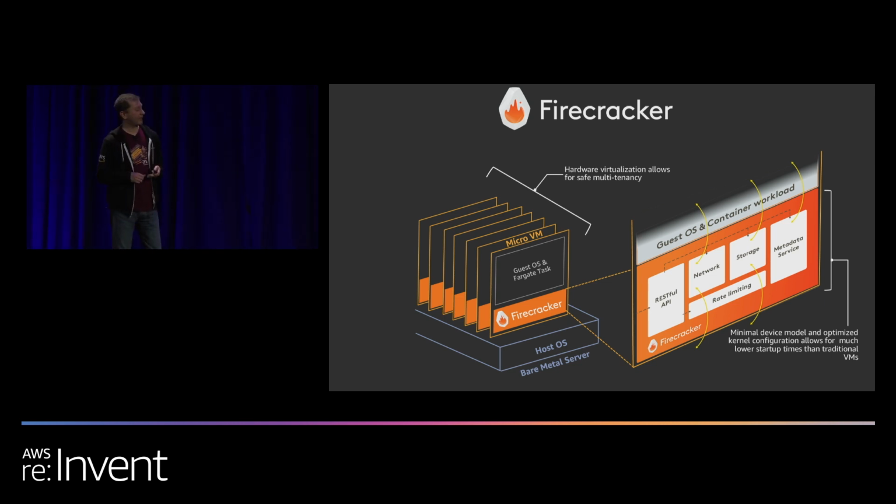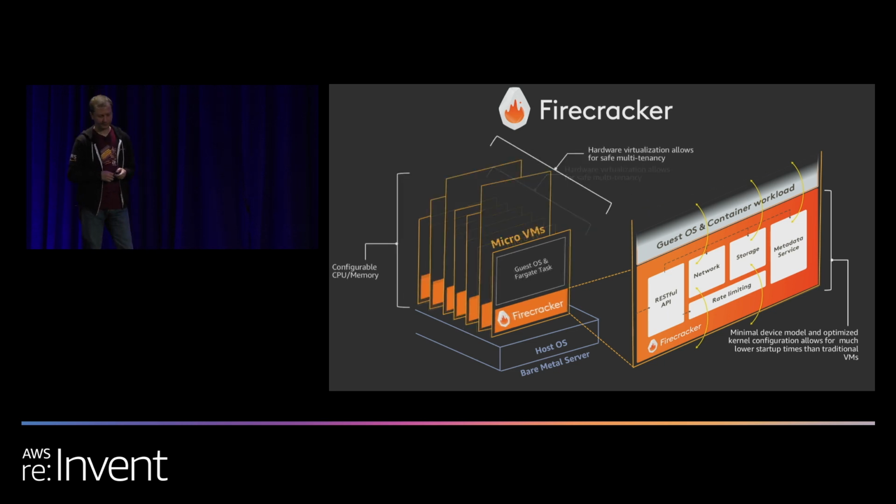This is super relevant, again, for services like Fargate, because it means we can launch a Firecracker micro VM on demand when you call RunTask. The second property that is very useful for Fargate is the flexibility and configurability of resources for Firecracker micro VMs. With Firecracker, we no longer have to be bound to the static EC2 instance types and sizes.